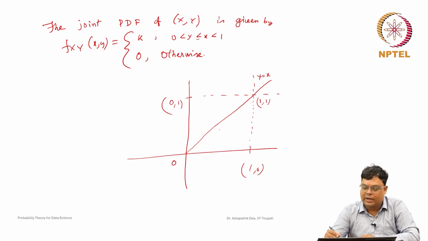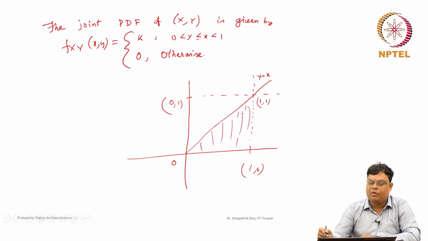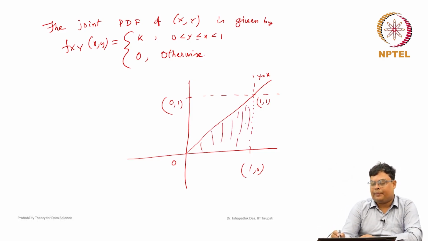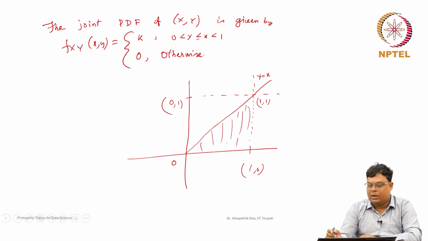So, it is a uniform distribution in this region. What is the area of this region? It is half of this square, 1 into 1, the triangle, so it will be 1 by 2.